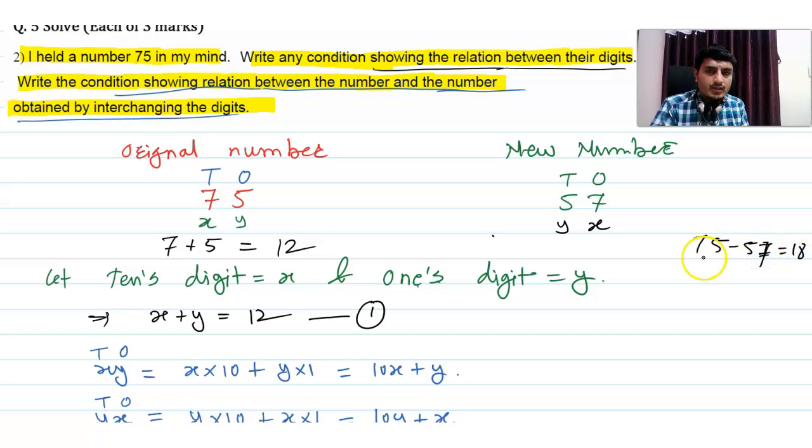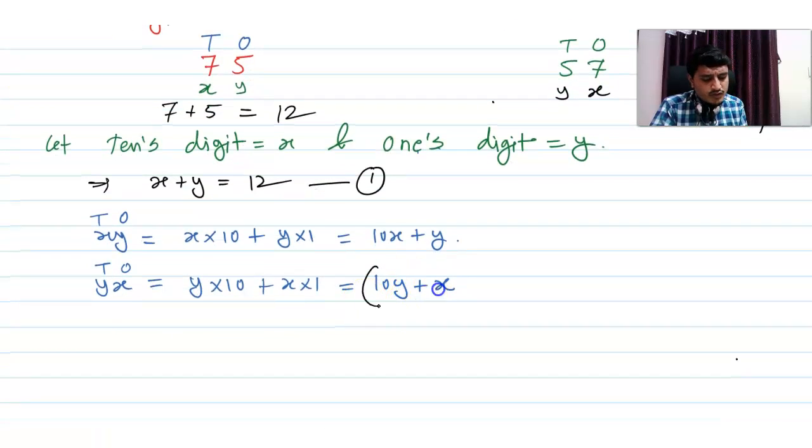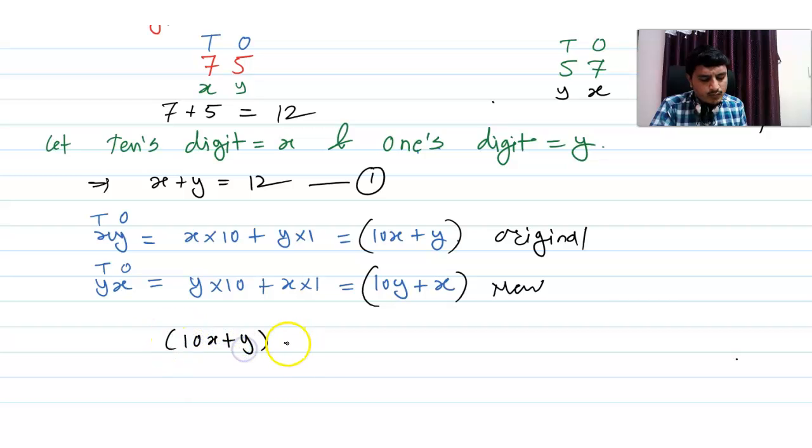That means the original number minus the new number formed by interchanging the digits is 18. So 10x plus y minus the new number 10y plus x is equal to 18.